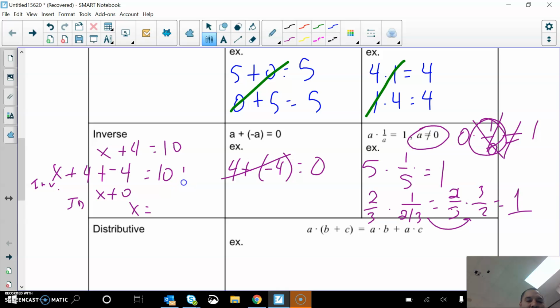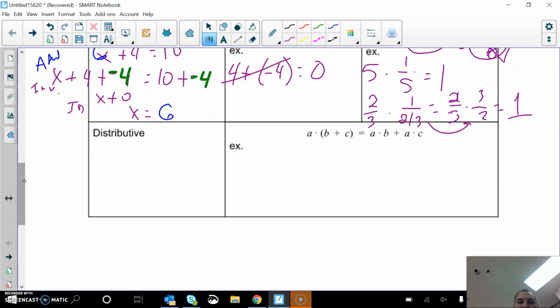Whatever you do to one side, you have to do to the other. So this negative 4 I introduce here has to be introduced over here. And that's just the addition property, which we'll discuss later. As long as you add it to both sides, you're okay, you're good to go. So inverse property, identity property, and we're left with 6, which checks out if you plug it back in.